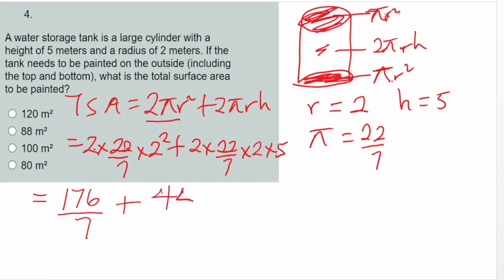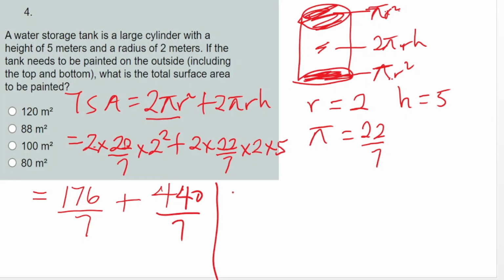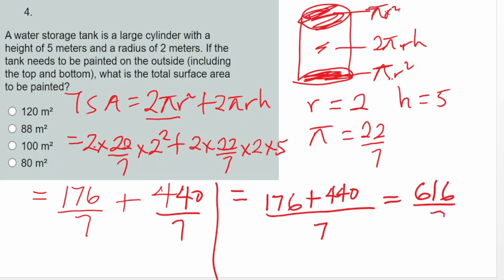440/7. So you find the LCM of this. In finding the LCM, that is 7. 7 into 7 is 1, times 176 gives 176, plus 7 into 7 is 1, times 440, that is 440. So by the time you add these two together, this will give us 616 all over 7.